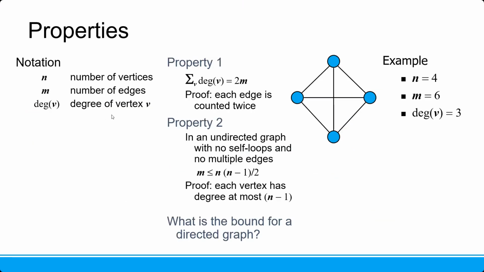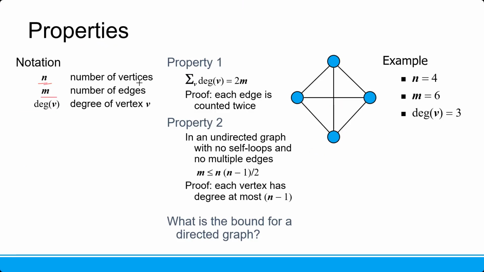There is a property of graph. If you still remember the three properties. Yeah. So we have three properties. We also have the properties for graph. For the property of graph, we have n, we have m.